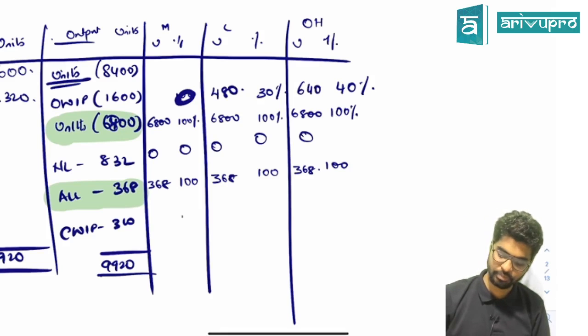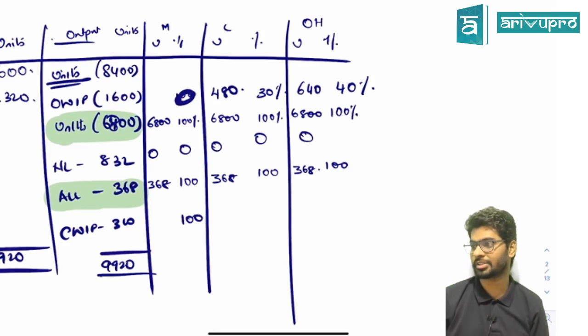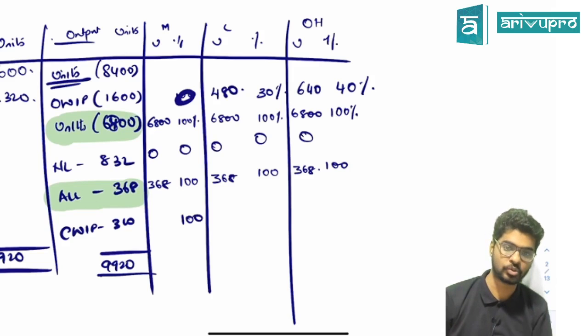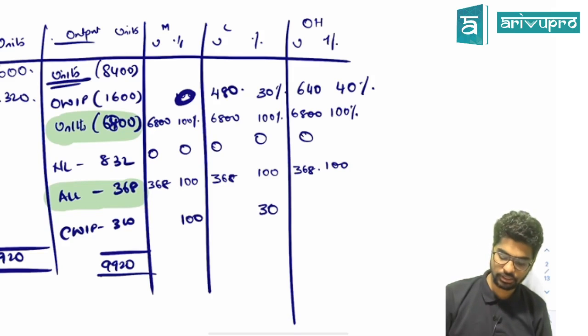And closing WIP, material will always be 100% because this is the units which you have introduced this year, plus 30% and 20%. So that will be 320.